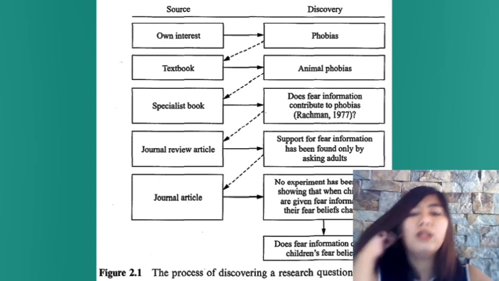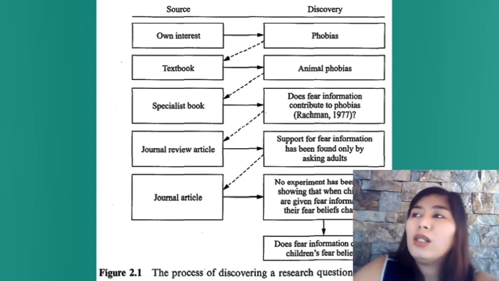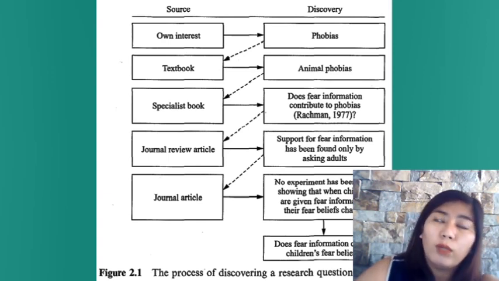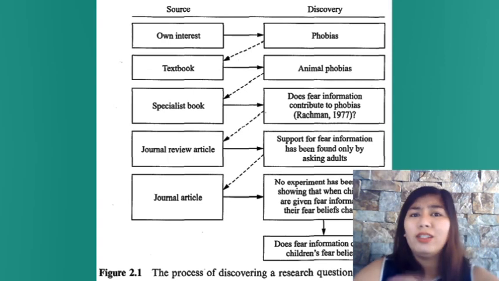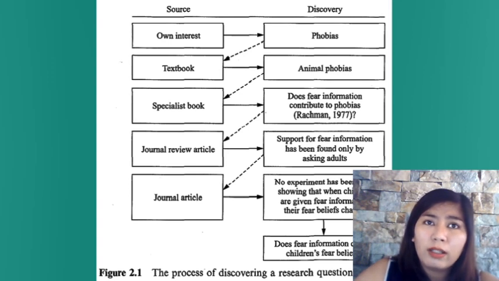In this particular example, he identified a specific specialist book. You can choose maybe one or two chapters that you might work on. You don't have to read the entire book. All you need to do is to focus on what you need. So focus on a particular area that you would like to study.